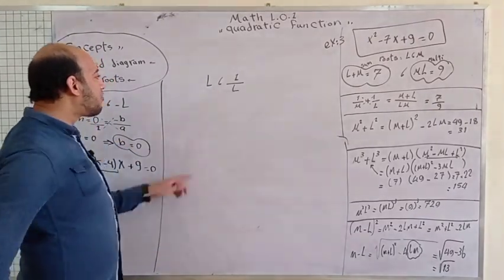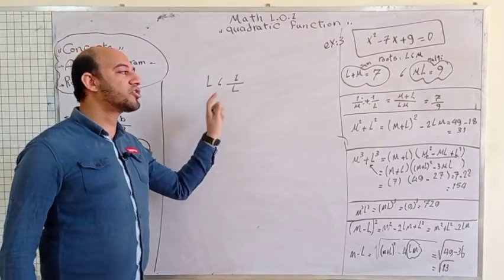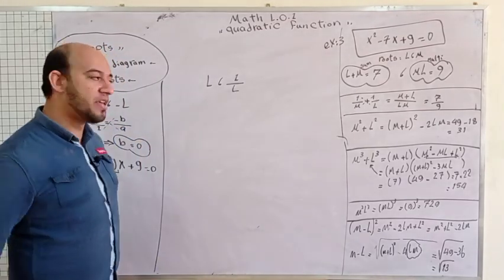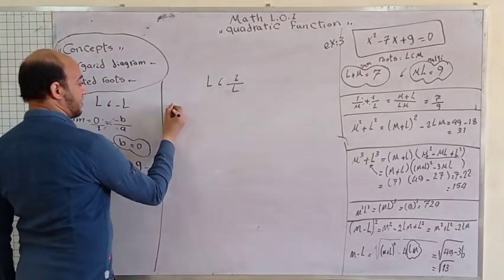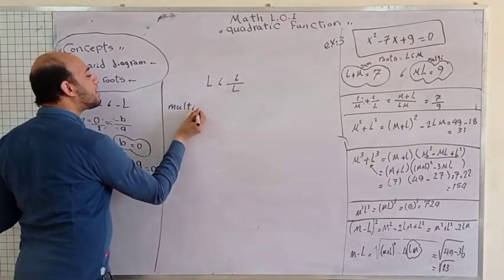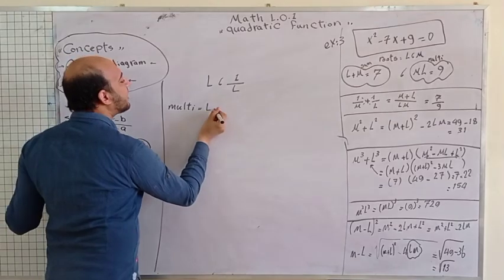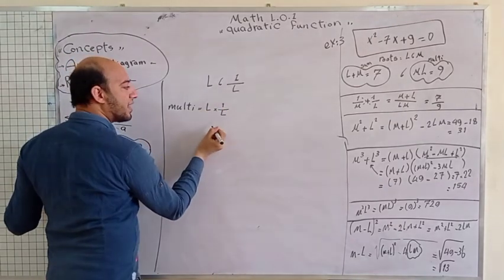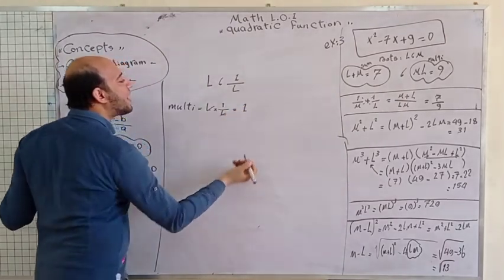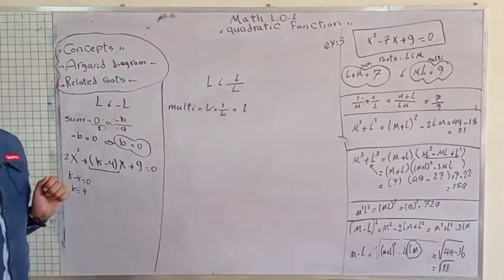Now, if one of the roots is L and the other is 1 over L, the product will be equal to what? The product now, not the sum. The product will be L times 1 over L. L will be eliminated with L, and the product must be equal to 1.